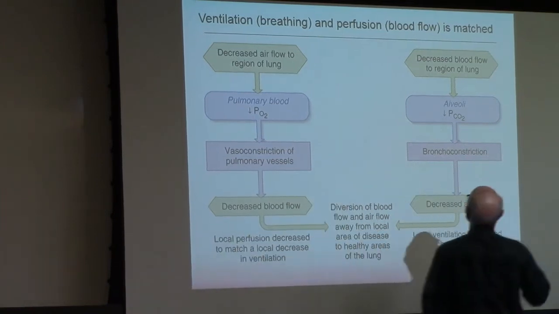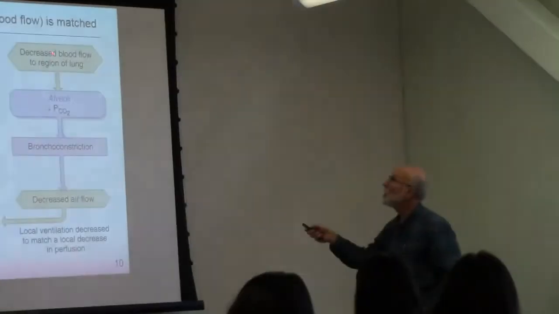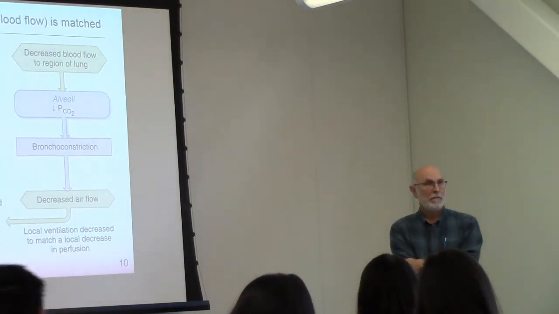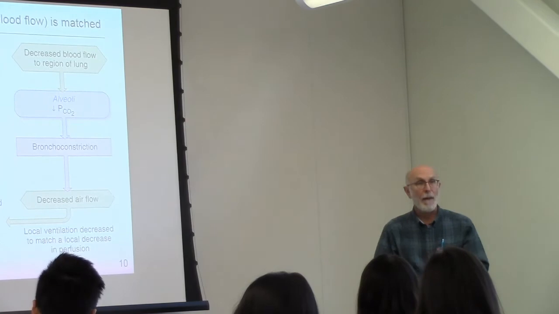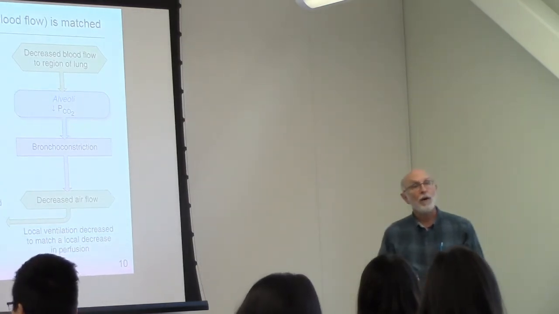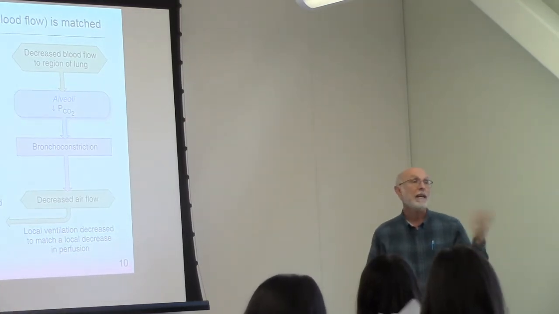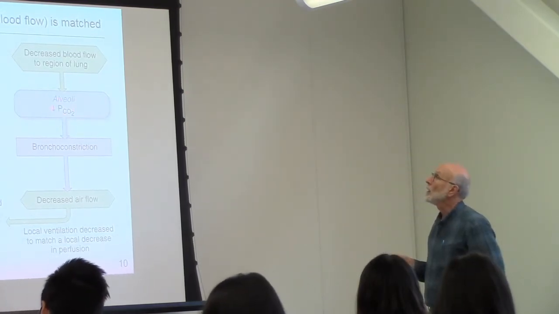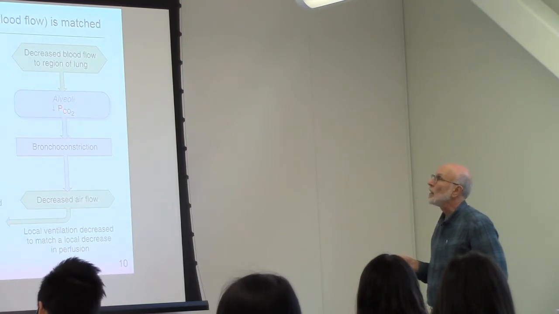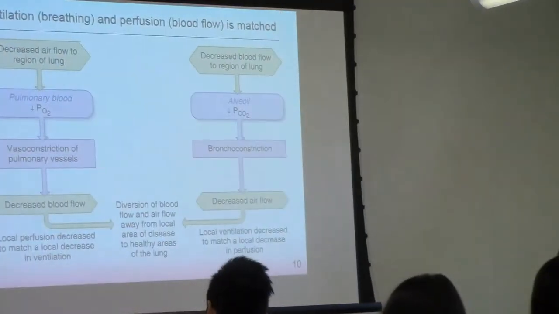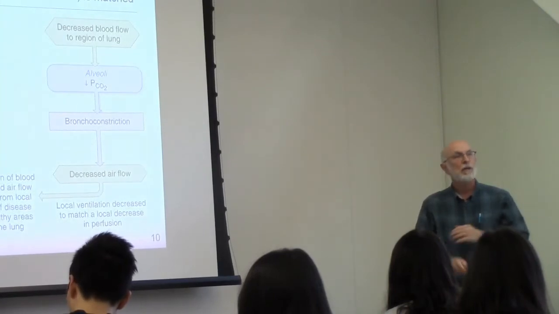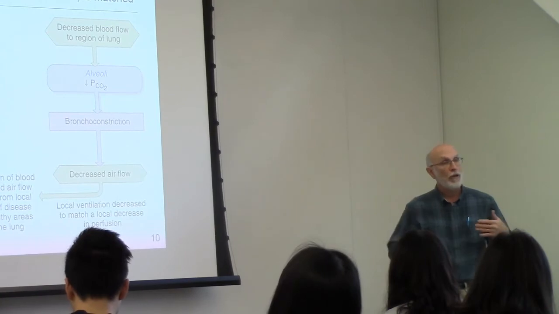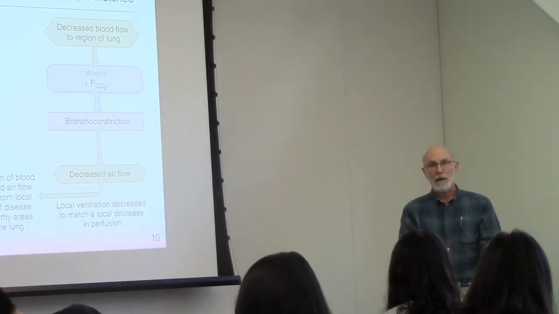Or let's say there was a region where the blood flow was blocked by an embolism, or a blood clot, some abnormality, so that there was a part of the lung that was getting ventilated just fine, but blood wasn't going to it. Then there would be a detector in the alveoli that would detect that PCO2 is low in those parts of the lung that are well ventilated but not perfused with blood, so they're not receiving the metabolic byproducts from the body.